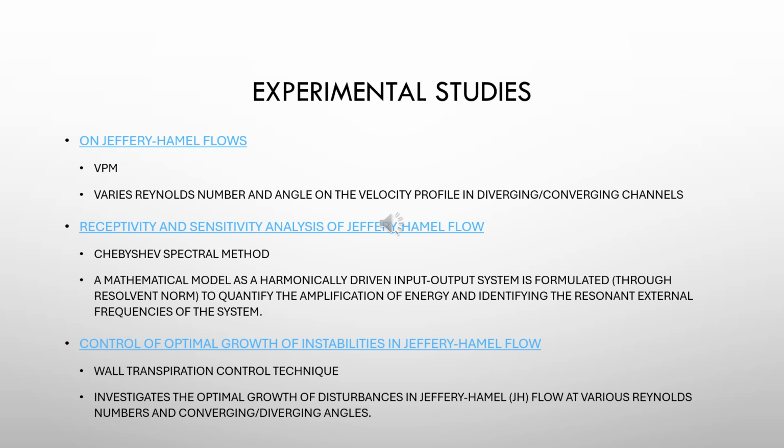A state space model using linearized perturbed Navier-Stokes equations is formulated, including wall normal vorticity and velocity. The system's response to external forcing frequencies is evaluated. JH flows have a single resonant peak, indicating better stability compared to plane Poiseuille flow. Avoiding these frequencies can prevent early transition.